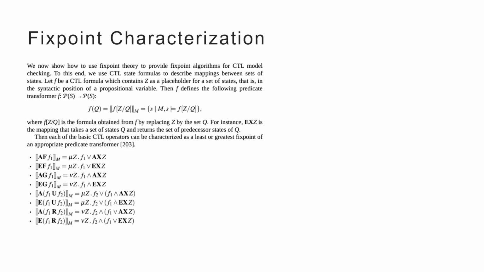For example, the first row shows that the set of all states that satisfy AF1 is equal to the least fixed point of the function tau Z. Once we find this fixed point and verify whether the initial state S0 is contained in it, we can determine whether the Kripke structure satisfies the CTL formula AF1.